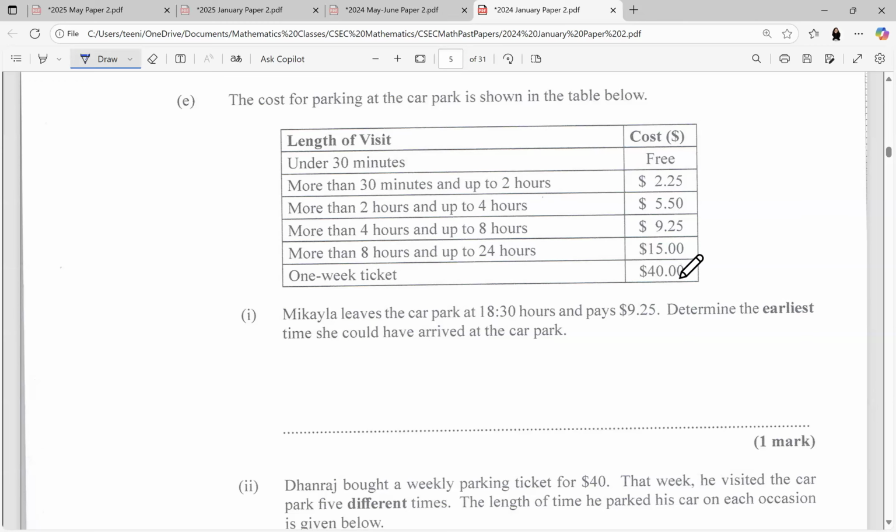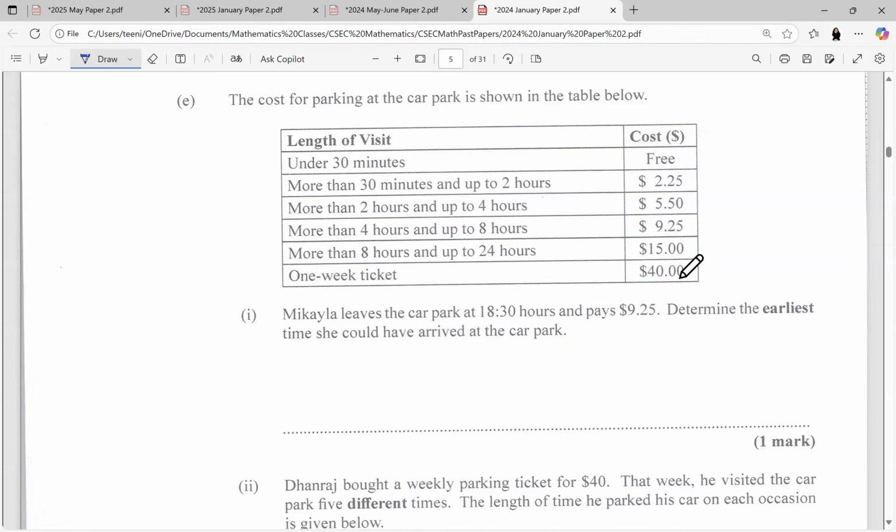Perfect. Faith, if I spend 4 hours and 15 minutes, how much money would I have to pay? $9.25. And Josh, if I spend 10 minutes, how much would I have to pay? It'll be free. Yes, it will be free.